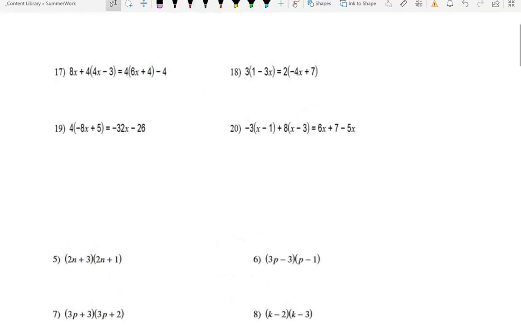Okay, so for this one, I'll do 19 first. So we're going to distribute. So this is negative 32x plus 20 equals negative 32x minus 26.